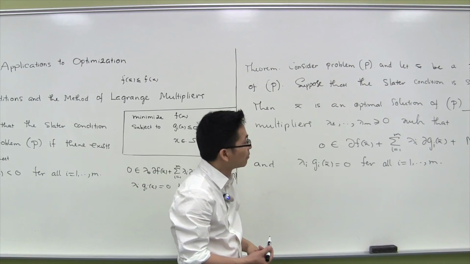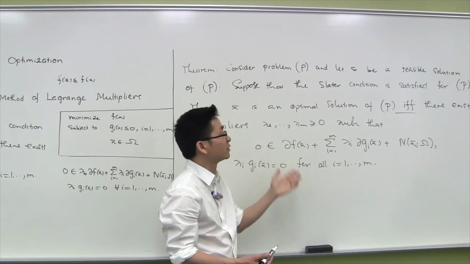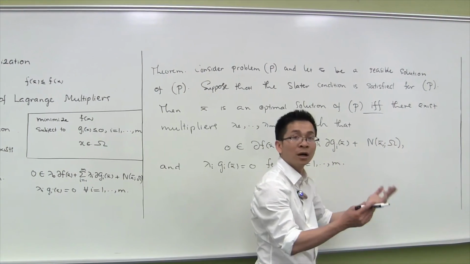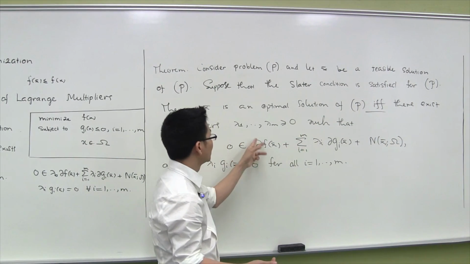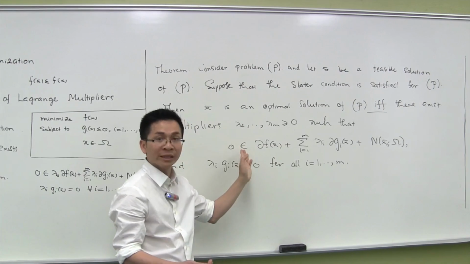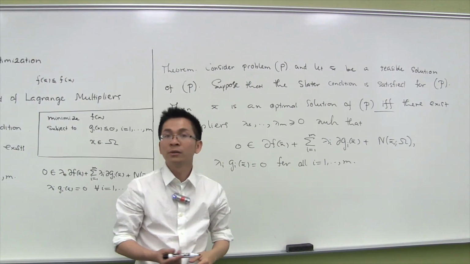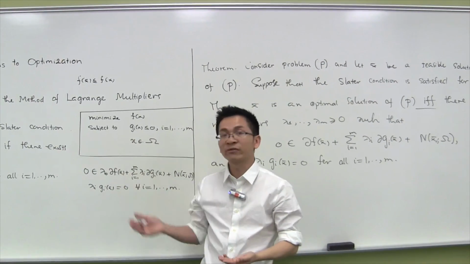And in many situations, for example, when the functions involved are differentiable and omega, for example, is the whole space, then this is just 0, and then this is just an equation, and we can solve an equation in order to solve a convex optimization problem of this form. Okay.